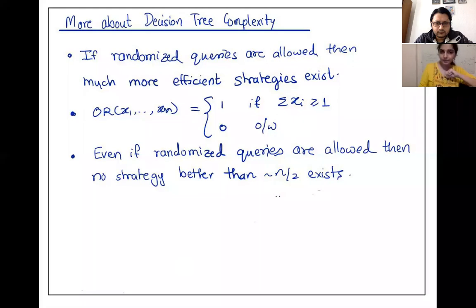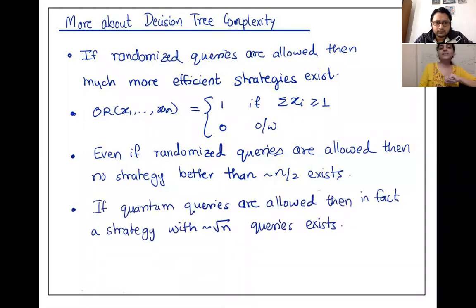But now comes an interesting twist. People also considered quantum query complexity or quantum decision tree complexity of this. And I'm not going to define that. I'm not even going to give an example of that. But you may again go back and search for it.